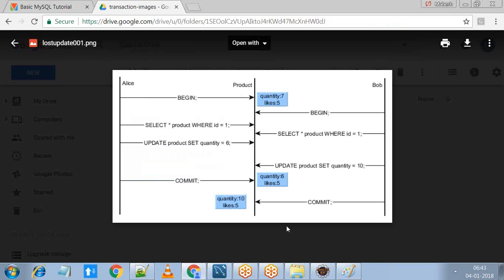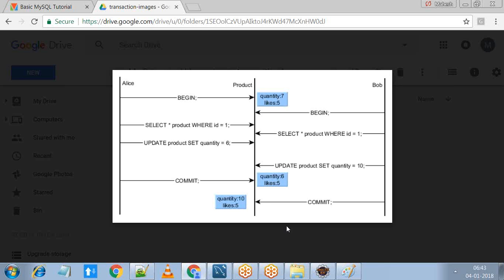Now you see this here. This is one of the images which I got from the net. On the extreme left side you have a transaction, and on the extreme right side you also have a transaction.